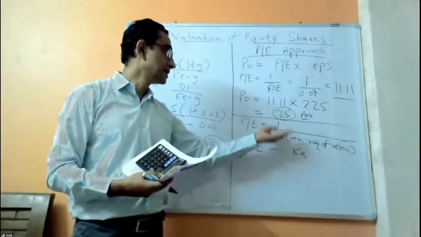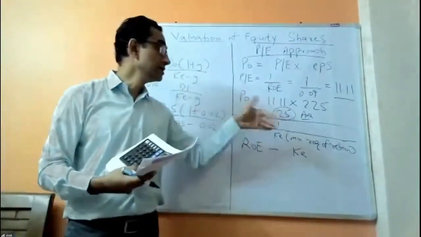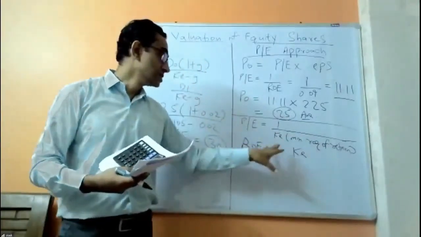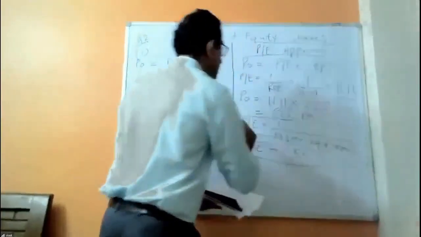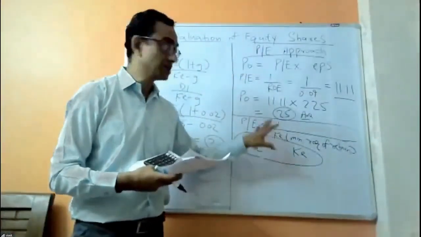And that is exactly the return on equity. That is, whatever the retained earning portion which the company is investing and whatever return it is getting on it. So on the basis of the earning based model, the minimum required rate of return and the return on equity can be used interchangeably.